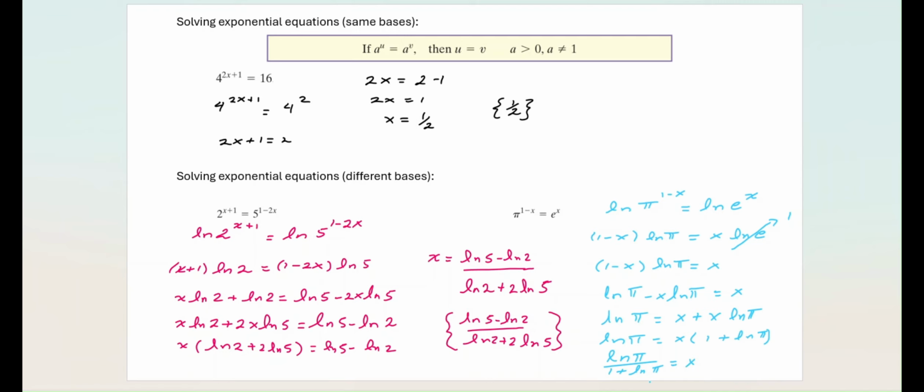Again, we found the exact solution of the logarithmic equation, so I can say that the solution here is ln of pi over 1 plus ln of pi. You can also evaluate this expression later to find the approximate solution. Remember, these are the exact solutions, so you can evaluate to find the approximate solutions of these equations.